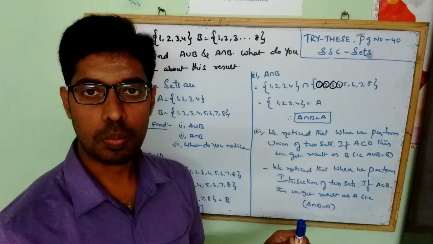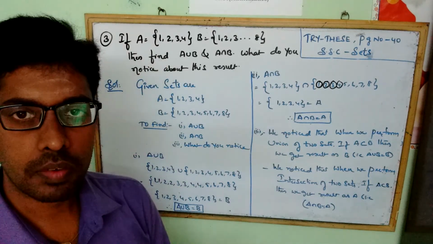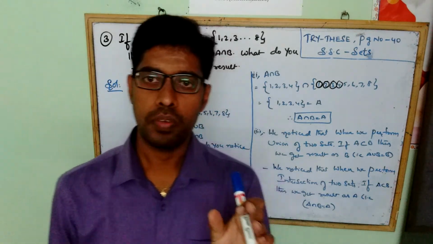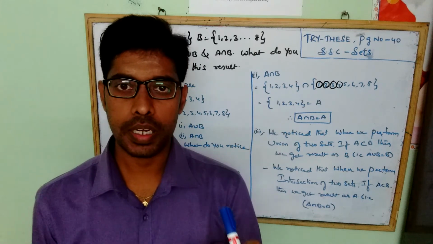Both are exactly opposite. When we talk about the union, we get the larger set. When we talk about the intersection, we get the smaller set.